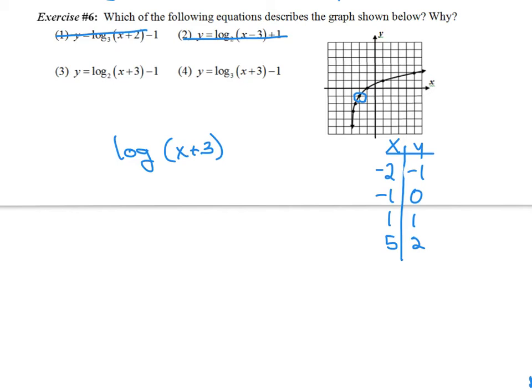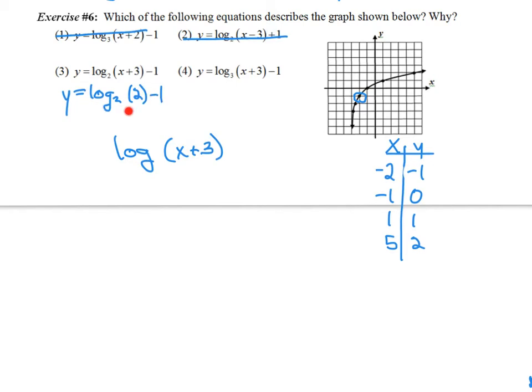So for example, if I try the point -1, 0, plugging into choice number 3, I would have y equal to log to the base 2. If I'm using the point -1, 0, -1 plus 3 is 2, and then I'm going to subtract 1.